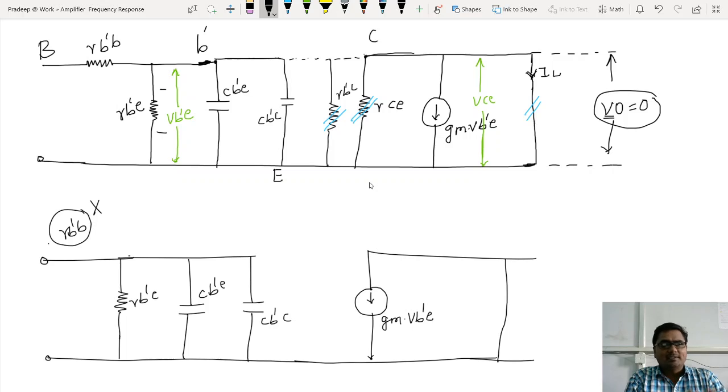Otherwise, commonly it is neglected. And we already had a discussion about it. So that's why what we now have at this side is two capacitors and one resistor, and at the output side we have nothing.